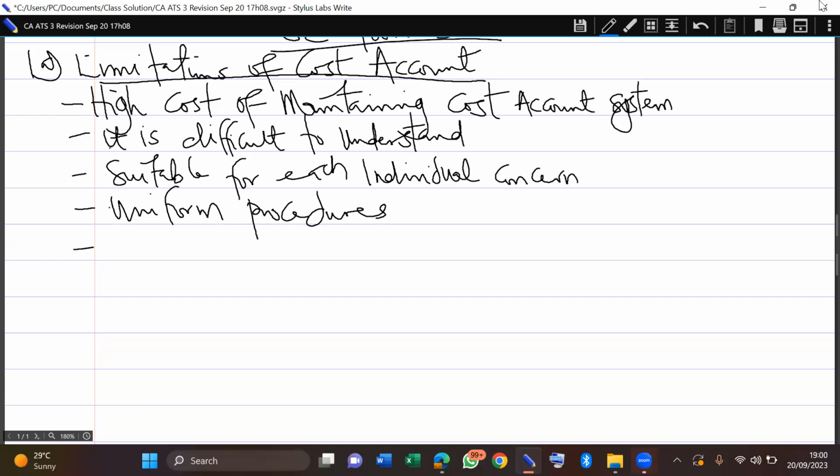No, what I mean is that financial accounting can be used for presentation, for tax purposes and other external uses, compared to cost accounting. It cannot be used for tax purposes.